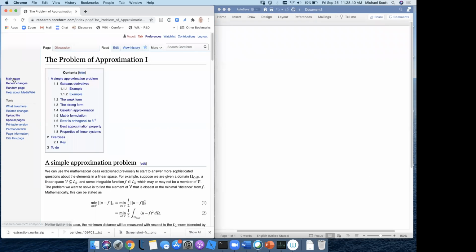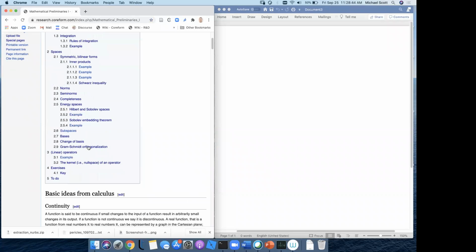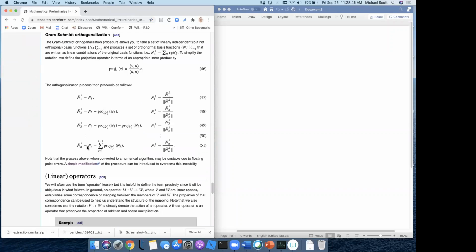So I moved Gram-Schmidt back into the math here. Let's say we've got 2 vectors. All you need to start the procedure is a set of linearly independent but not orthogonal basis functions.